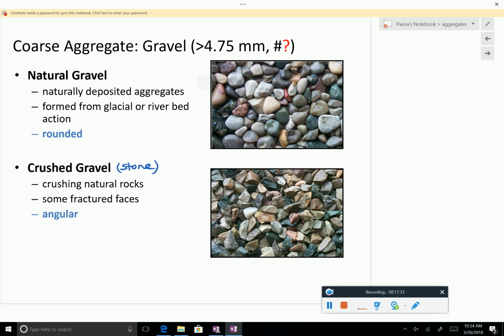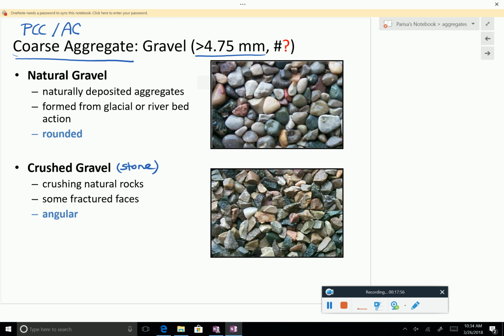And these are typically what we call coarse aggregates. Coarse aggregates, this is in the context of Portland cement concrete and asphalt concrete. And that is when the size is greater than 4.75 millimeter. This is about 1.5 inch.